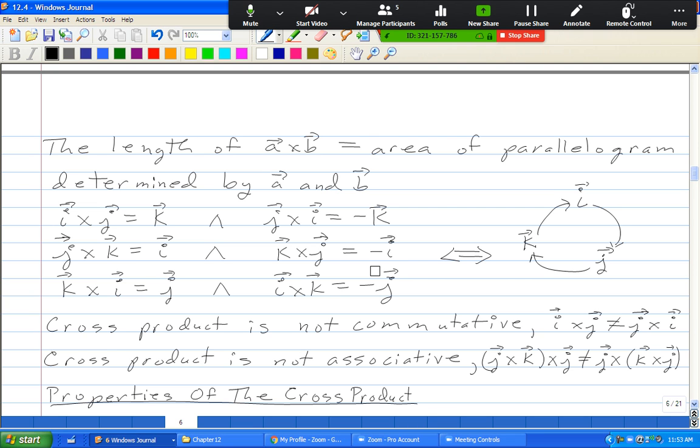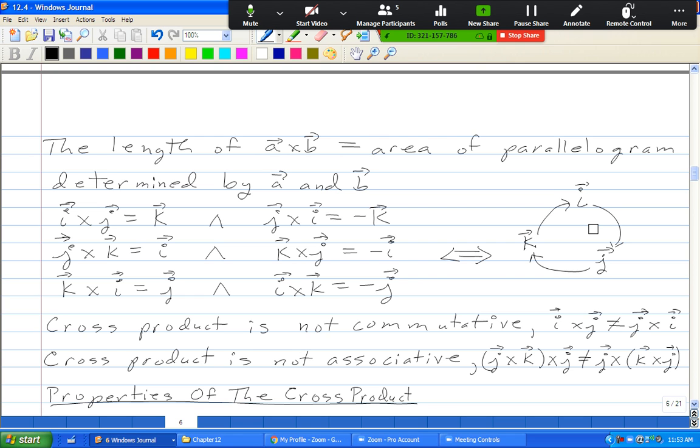And so to determine the values of the cross product, you can just look at this diagram. Okay.